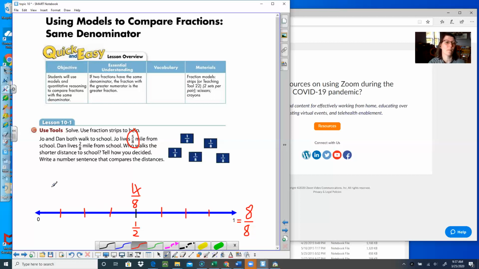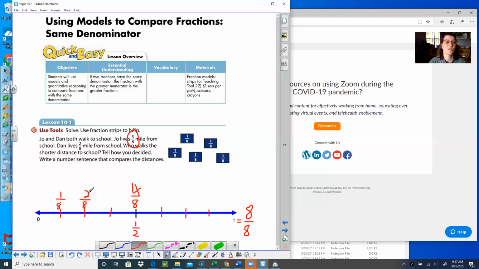Now I can label them, and I want you to label yours also. So this one is 1/8. And when Brian and I were messing around with this program, Zoom, the other day, we figured out that there's a button that we can push where other people will be able to write. So I'm hoping next week or when we come back from spring break and we do this, I can have kids write on the screen, which would be super fun.